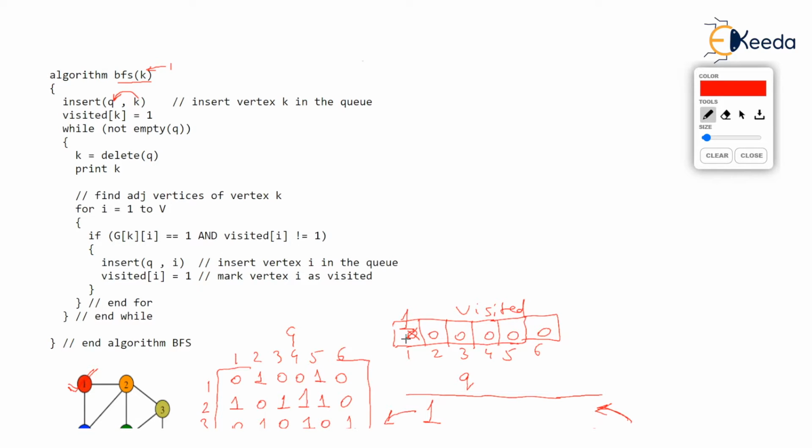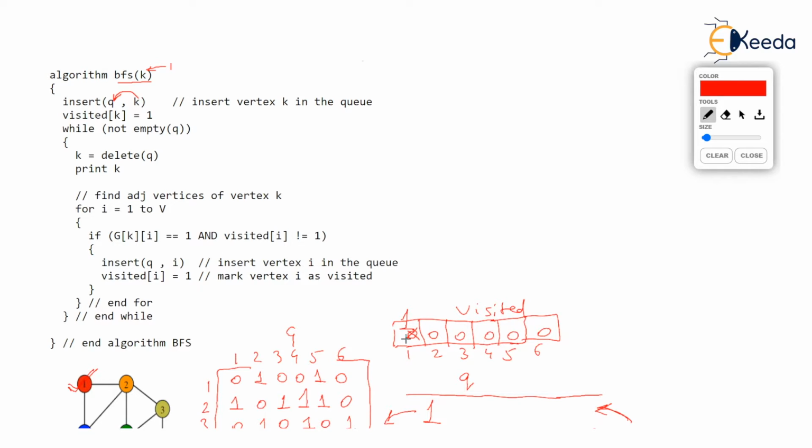Because we know that we tick a vertex, we mark a vertex as visited, only after printing it. But actually vertex 1 has not yet got printed. Yes, we have not executed the print statement on vertex 1. So how are we ticking it? How are you marking it as visited?